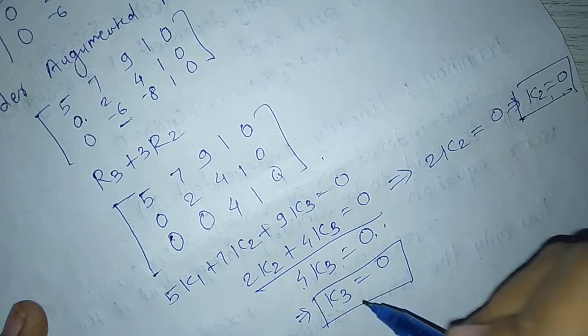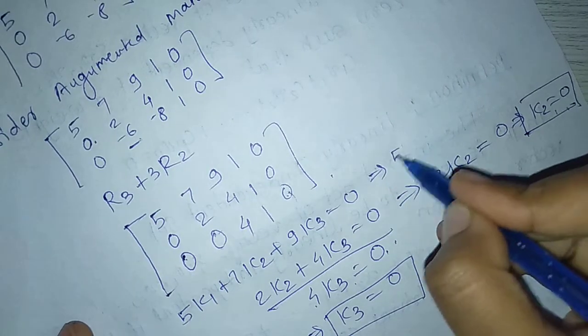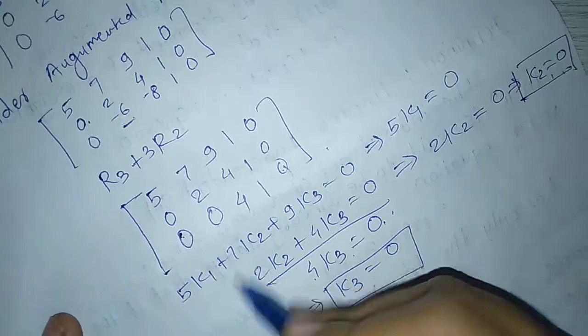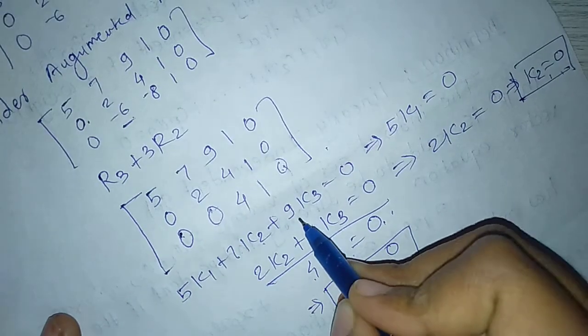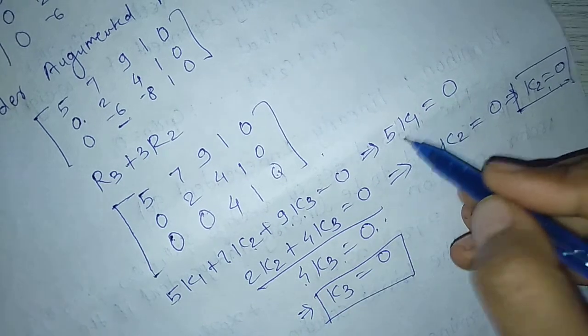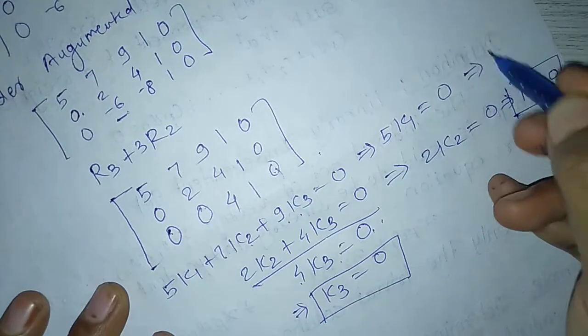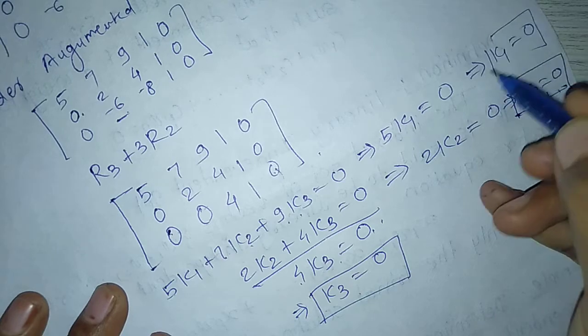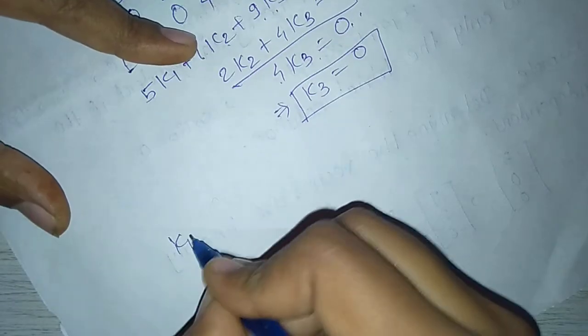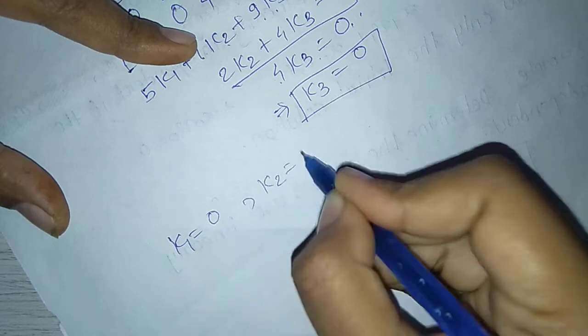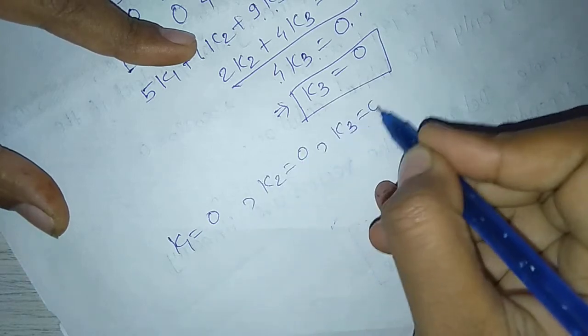Now k2 and k3 are 0, so 5k1 equal to 0, because 7 into 0 is 0 and 9 into 0 is 0. So 5k1 equal to 0, which implies k1 equal to 0. So here we get k1 equal to 0, k2 equal to 0, k3 equal to 0.